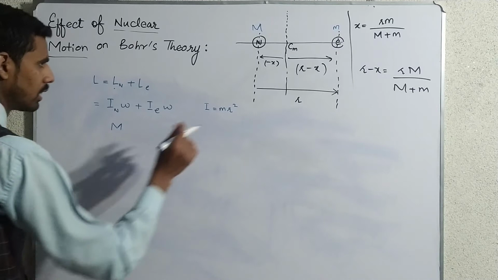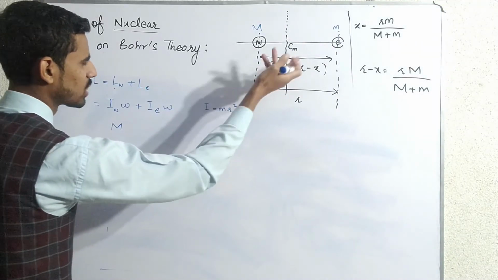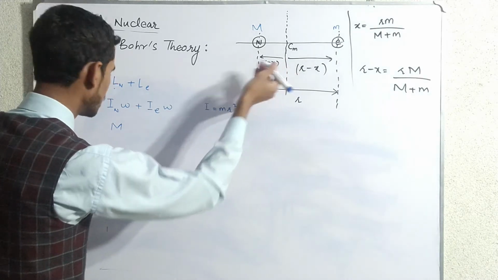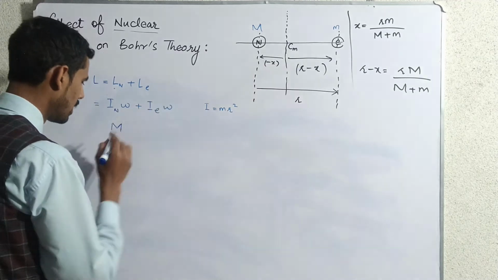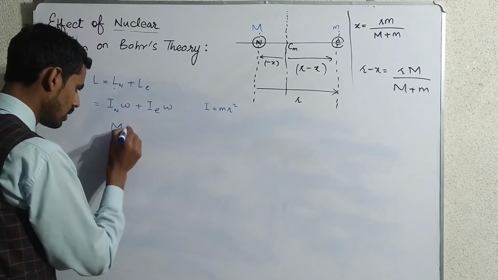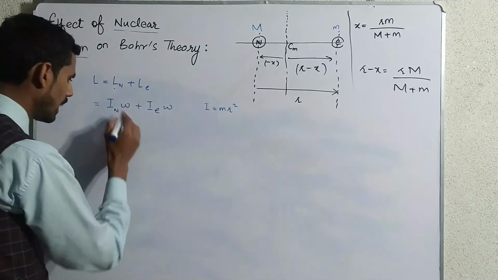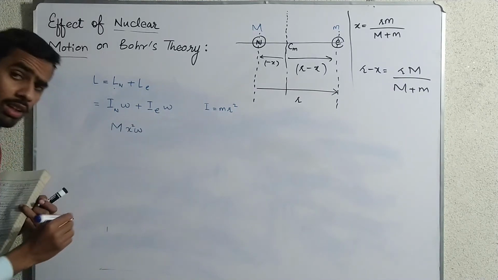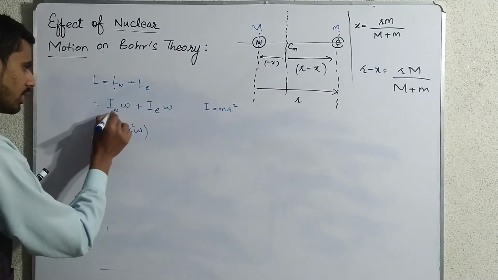We are talking about the magnitude. So it will be m, the mass of the nucleus, and then x square, that is mr square, into omega. So this is the angular term for the nucleus.